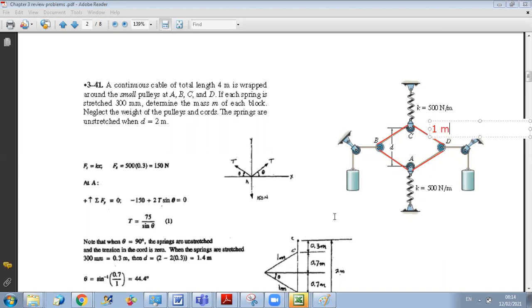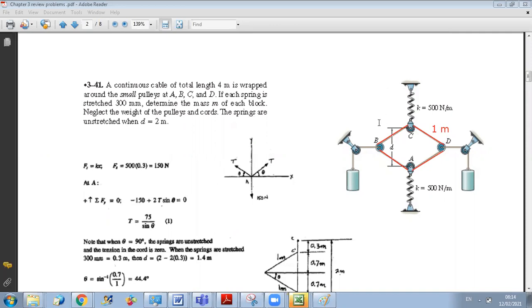Now, they are saying that in this figure, we have that each spring is stretched 300 millimeters. Okay, so at this position, I have stretching of my springs.